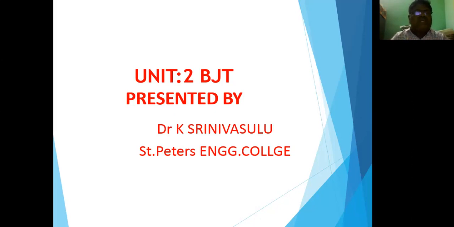So these are the basic components: diode, transistor, FET, resistor, capacitor. These are all the basic components for electronic circuits. That's why we concentrate more on these components. This is the basic level for students learning electronics.